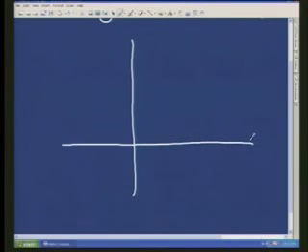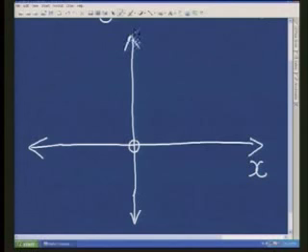So we have a Cartesian plane, and the positive direction of the x-axis is this direction from the origin all the way there. That's the arm of the angle that you're looking at. The negative direction of the x-axis is this arm here. That's the negative direction of the y-axis, and that's the positive direction of the y-axis.